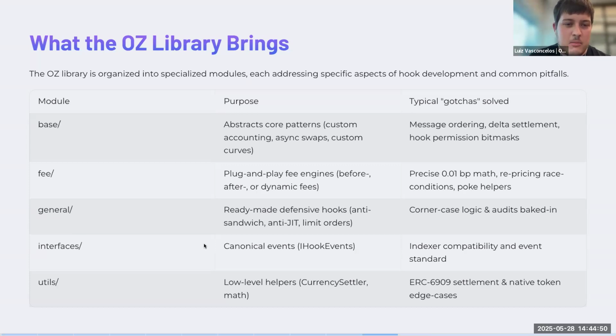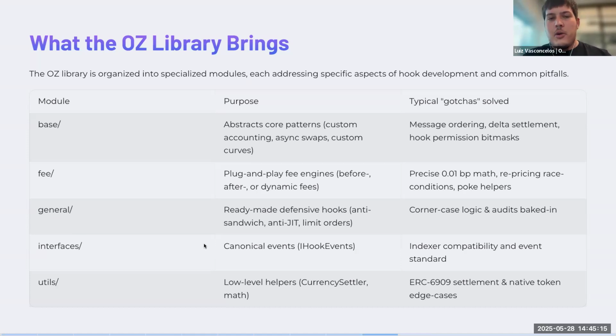Okay, Todd asks, can you say more about how anti-JIT works? Yeah. Okay, JIT is just-in-time liquidity. Basically, let's say you are performing a swap, and then someone with a lot of liquidity can add a lot of liquidity before the transaction happens and remove it after the swap happens.